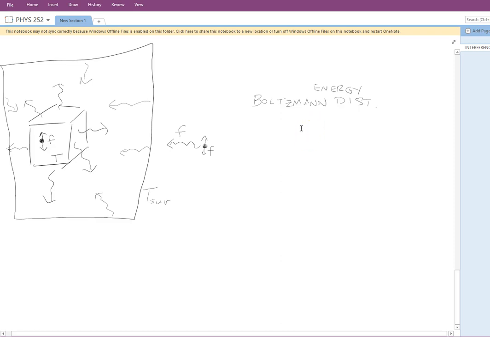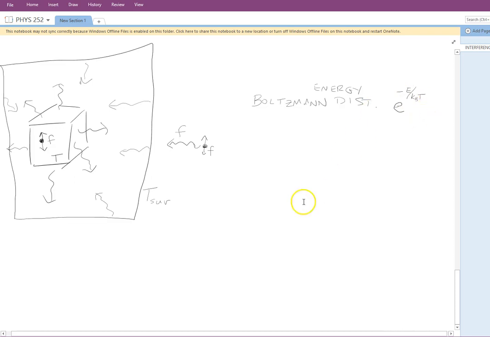Again, you don't have to know this for sure, but it turns out that this energy distribution is proportional to e, the natural exponential, to the minus energy over a constant k_B, which is known as Boltzmann's constant, times the temperature. Again, it's an exponential dependence on energy and temperature.